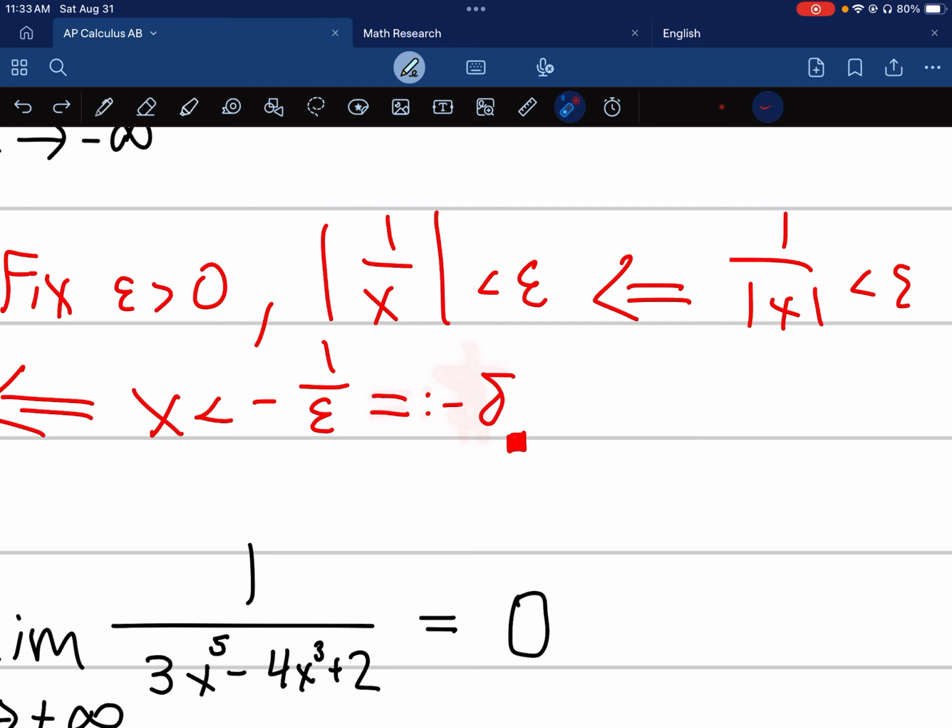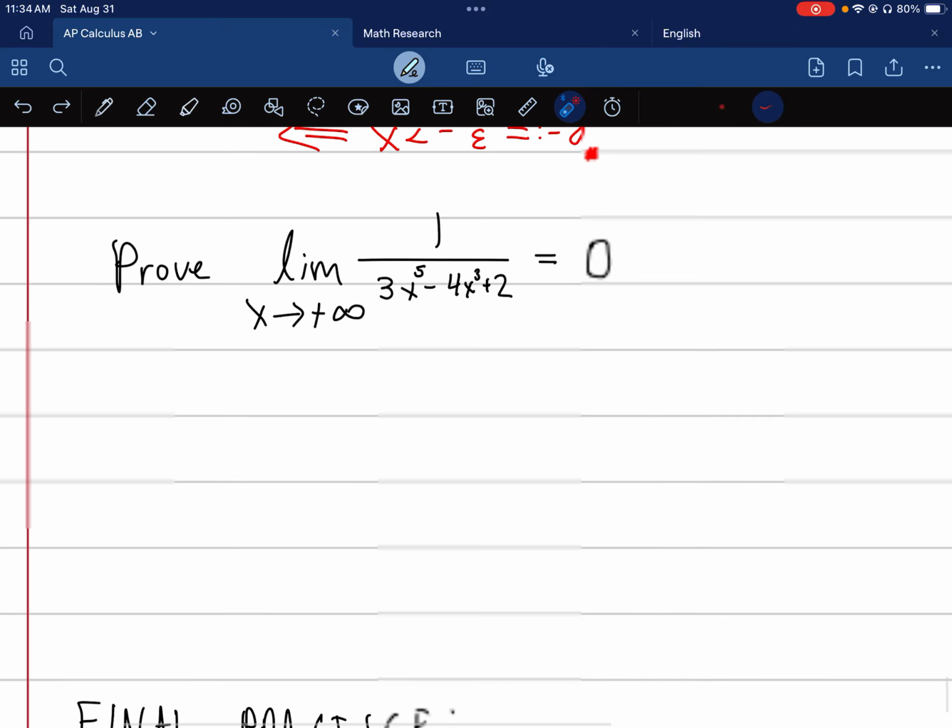We have to make sure this is our minus delta, because remember, if we just define this to be our delta, epsilon is a positive number, this is going to be negative, and we're going to get a contradiction. So we have to put minus delta, since we want x is less than minus delta, not that x is less than delta.